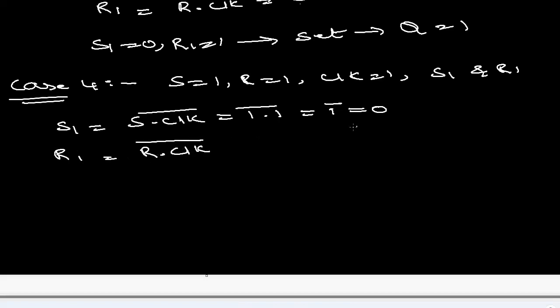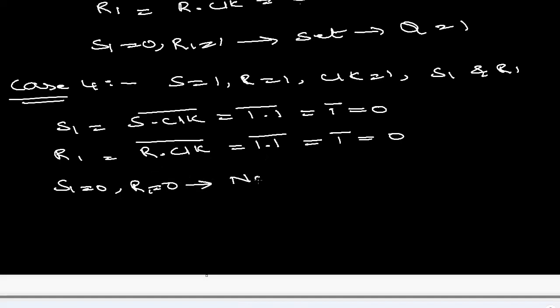When R value is 1, clock value is 1, whole complement I am taking. So 1 into 1 is 1. In the AND gate, if both are 1, then the output will be 1. So 1 complement is 0. Now the latch values are S1 is 0, R1 is 0. This is called as not used state or invalid condition.